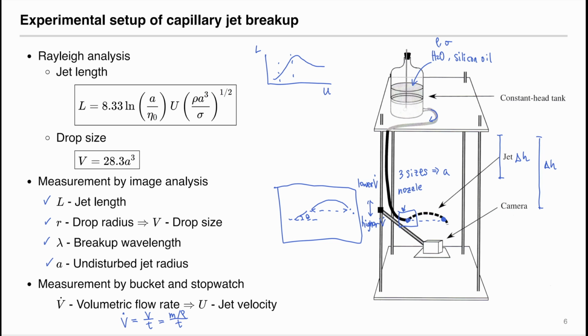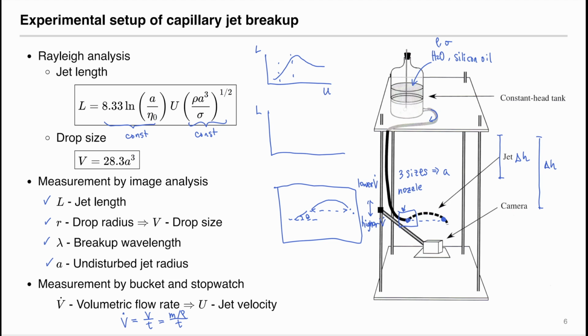To determine if we're actually in the Rayleigh region, where the jet length varies linearly with the jet velocity, we can plot the jet length with respect to all these terms, because this term is a constant and this term is also a constant.